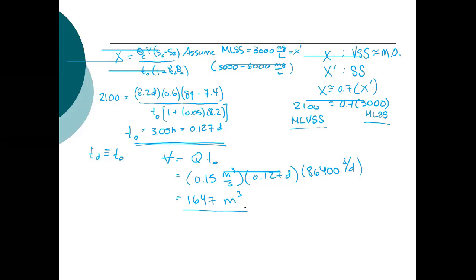So this is the volume of the aeration tank. It does not include the volume of the sedimentation tank. We have to calculate that separately. Questions about this so far?